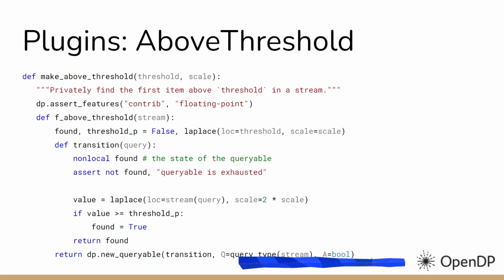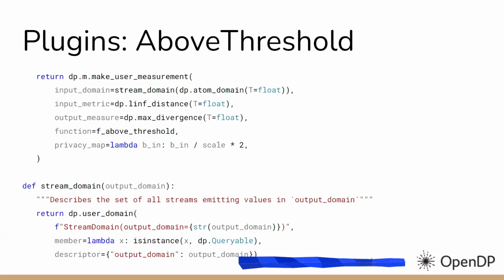So I bring this up because it shows a couple neat aspects of this plugin system, in that you can define your own queryables from Python. You can also define your own domains from Python. So I'm saying once I actually make this measurement, the input domain is all streams where values in the stream are floats.